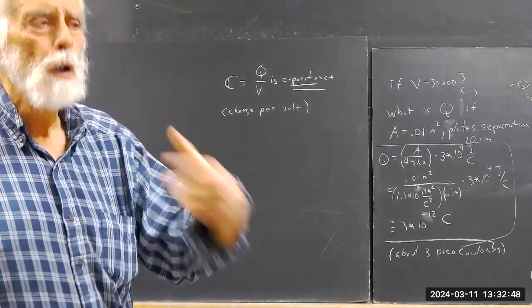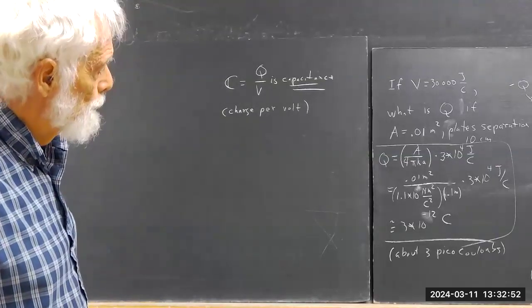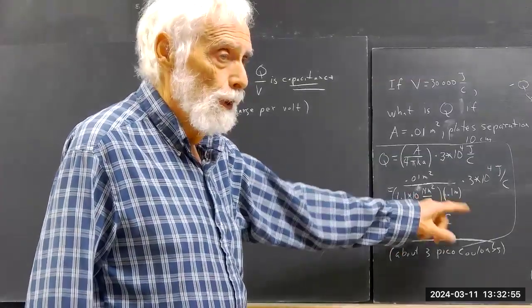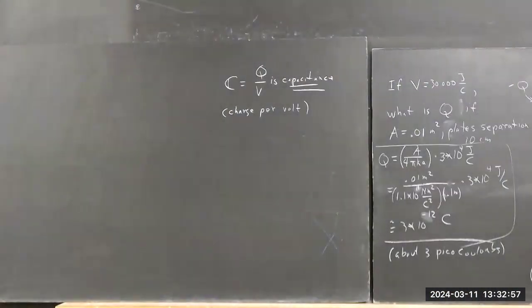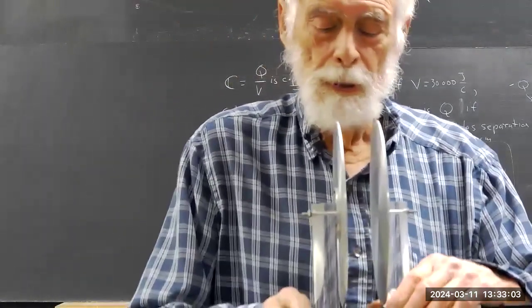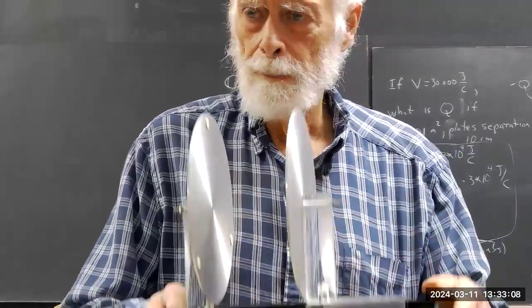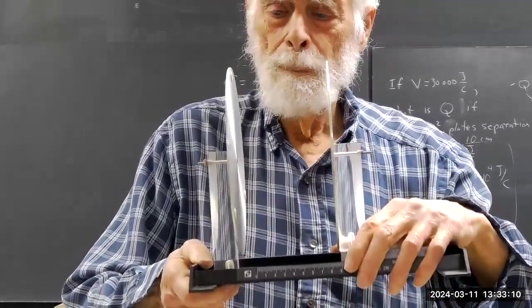Now, if we want more capacitance out of this thing, the simplest thing to do, I mean, 0.1 meter separation. Well, okay, 0.1 meter, that's about 10 centimeters, I think, yeah. Okay, maybe a little further.